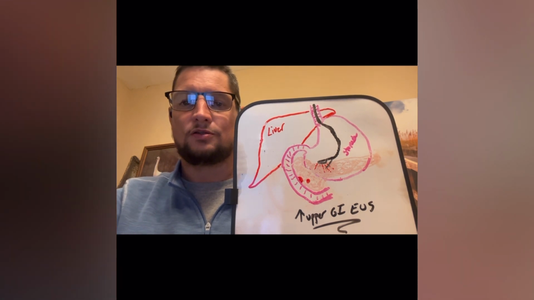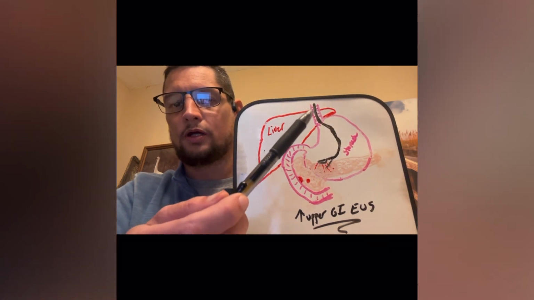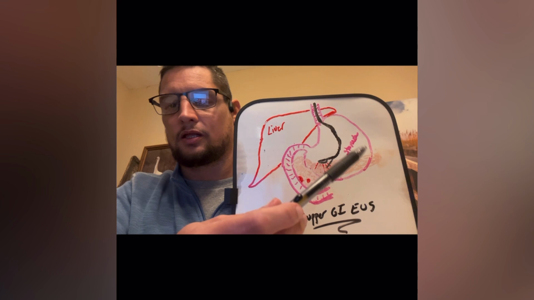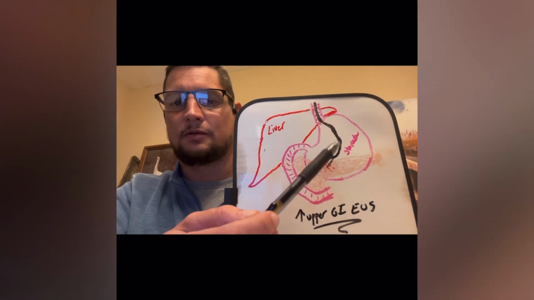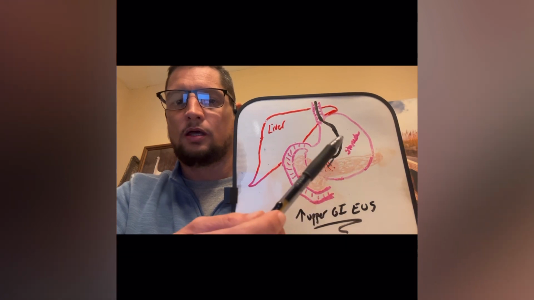So what I drew here is our scope. It's important to know these things about the anatomy of the stomach, so we can visualize what we're looking for and where we're going.